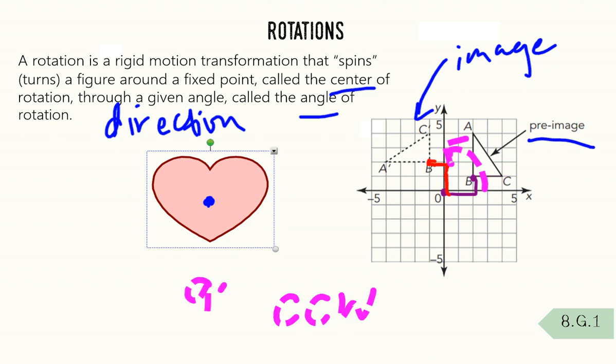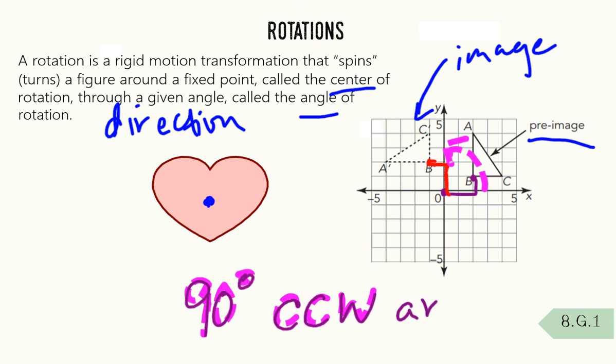So I would call this a 90 degrees rotation around the origin. 90 degrees counterclockwise around the origin. I'm going to be a little bit more specific here, and I'm going to write the coordinates of the origin, which is 0, 0.